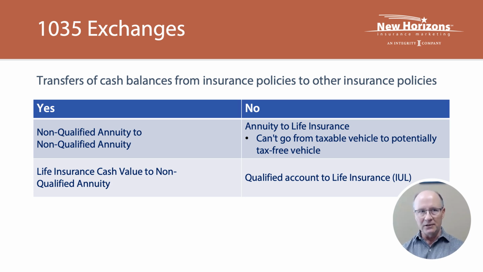The second bullet there, some of you may or may not know, life insurance cash value can be moved to an annuity. So I can go from a life contract, pardon me, to an annuity. And that's happened many, many times. You wonder, why would they do that if they have a life insurance policy? And why would they move it to an annuity?